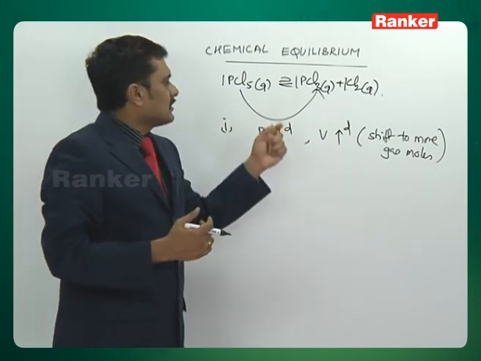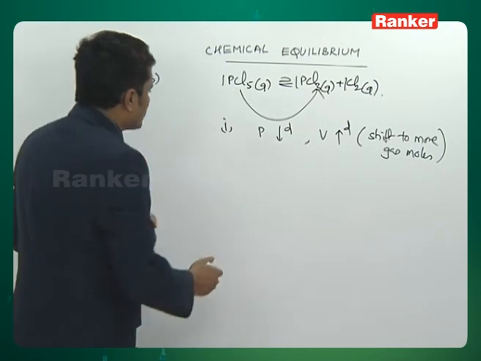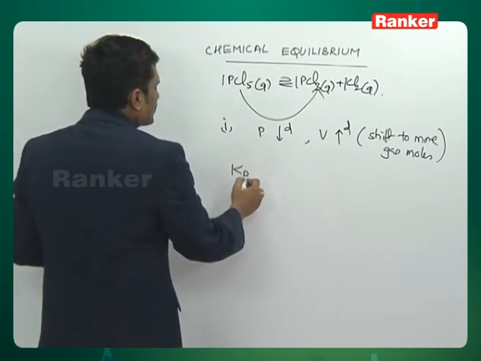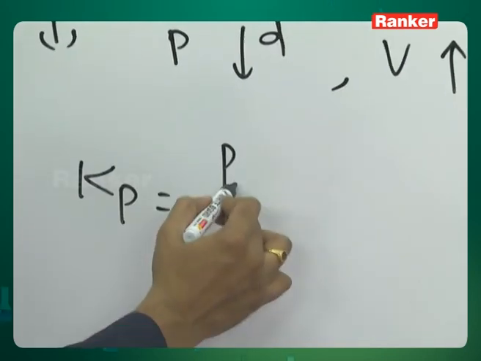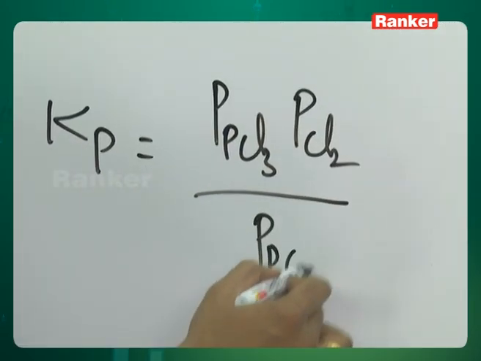Now when I am writing the equilibrium constant, it is the partial pressure of PCl3 times the partial pressure of Cl2 upon the partial pressure of PCl5.